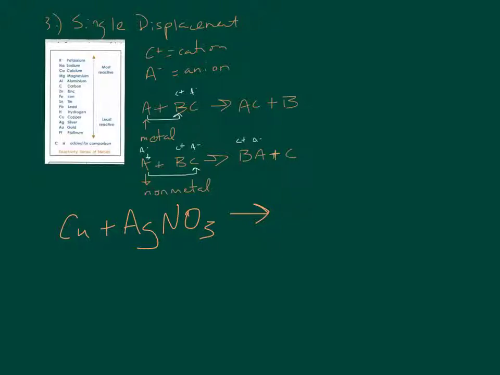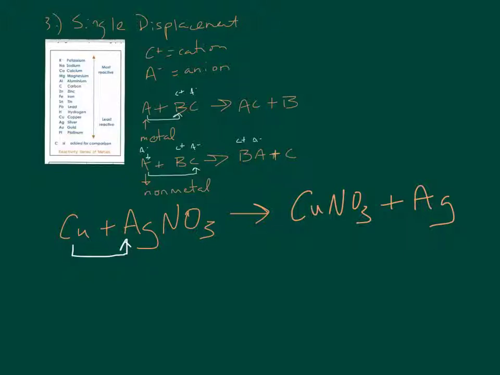All right, so first thing we got to do is look at copper. We know that is a metal, so if we look up here, that means that's going to be the cation in the new compound. So that means that copper is going to have to replace silver. All right, so what we end up with is copper nitrate plus silver. See? That's pretty easy, right?